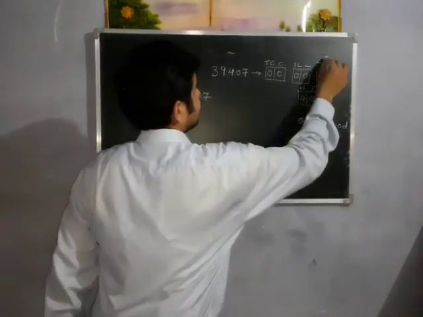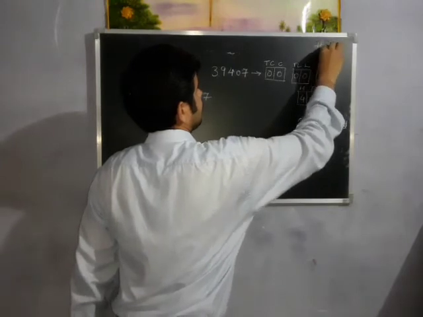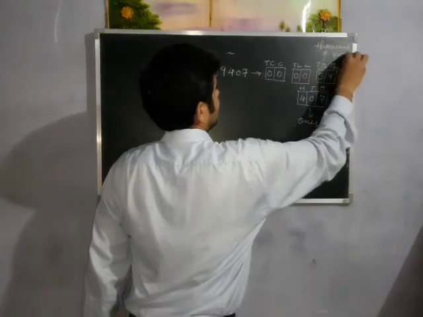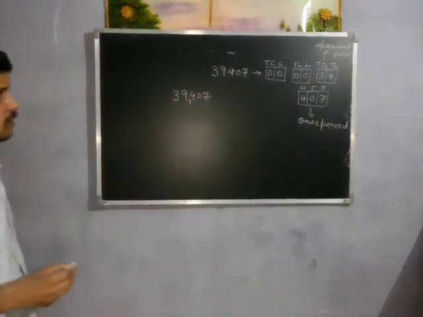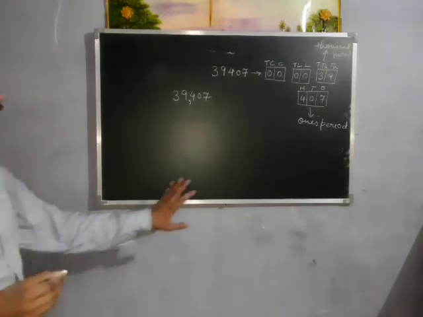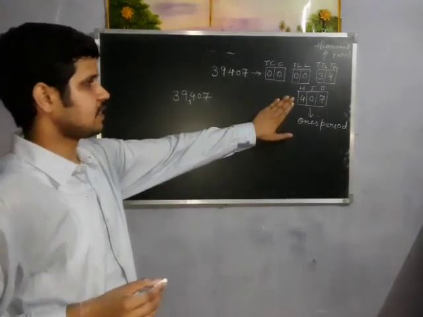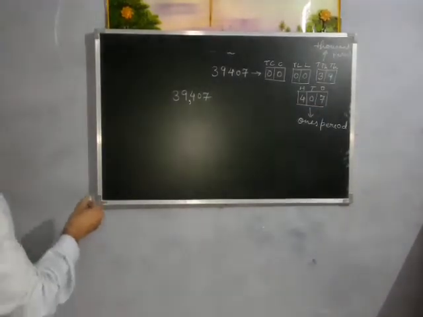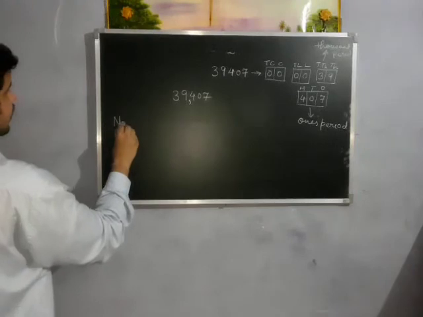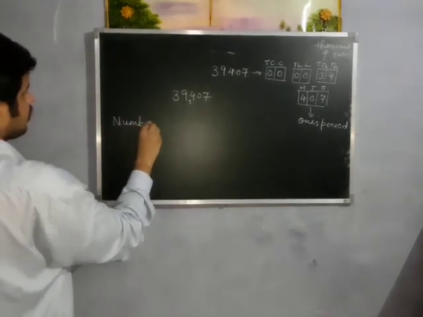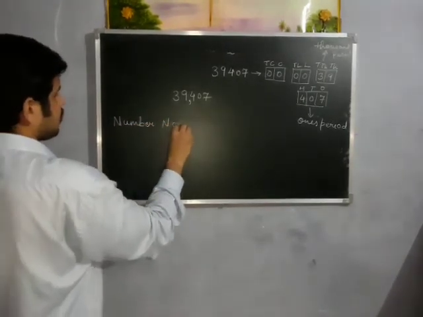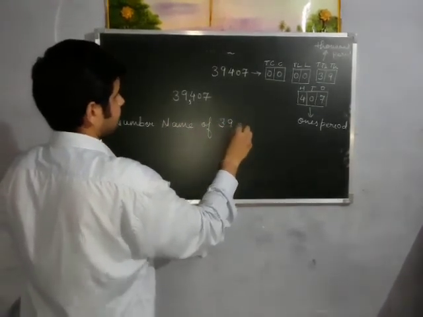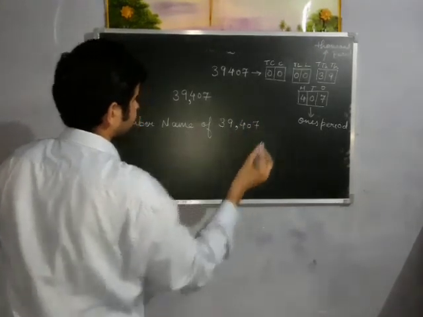This one is the thousands period. And the digits in the period will give you the number name. Now I am writing down the number name of 39407.